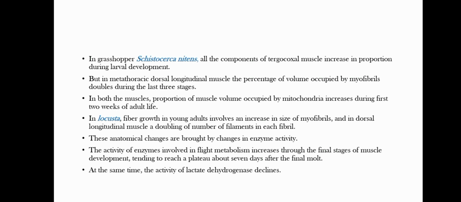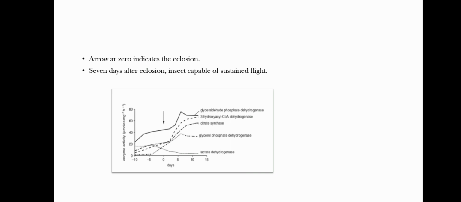These anatomical changes are mainly brought about by enzyme activity. Some enzyme activity increases in the period after eclosion, when flight metabolism is active. This feature is shown in this graph, the enzyme activity at the different stages of insect development.